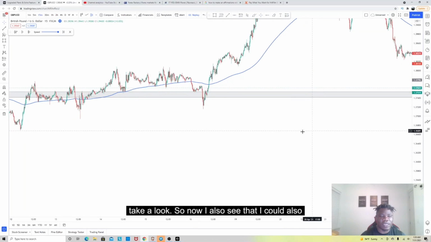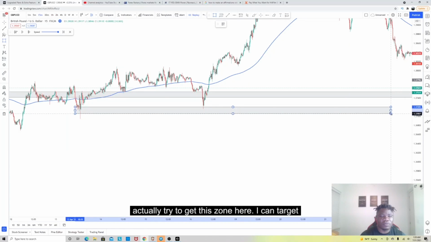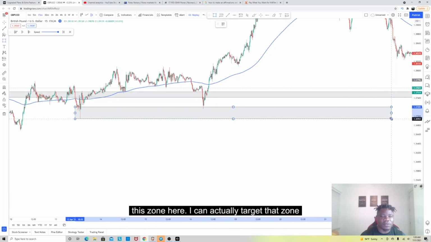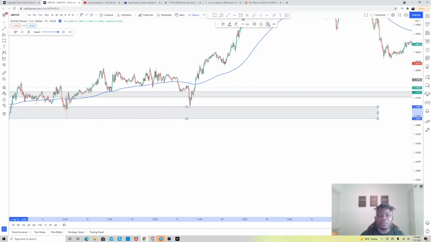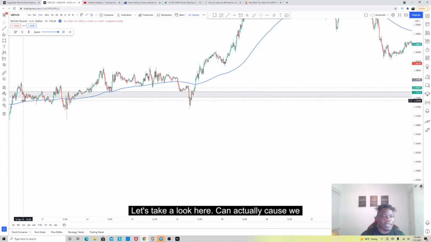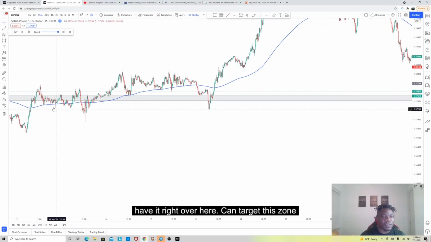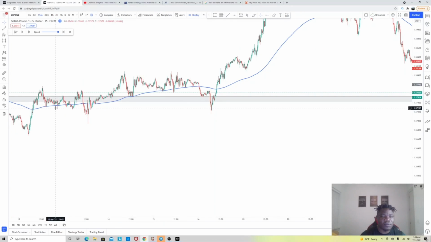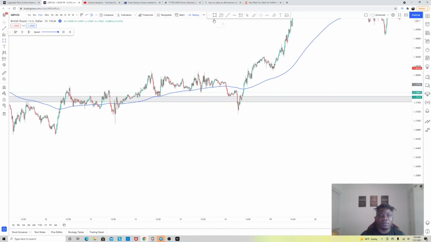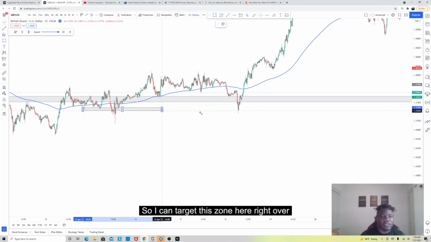So now I also see that I could target this zone here. Let's take a look. Because we have it right over here, I can target this zone.